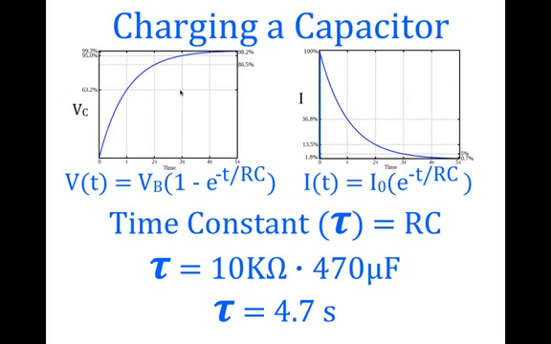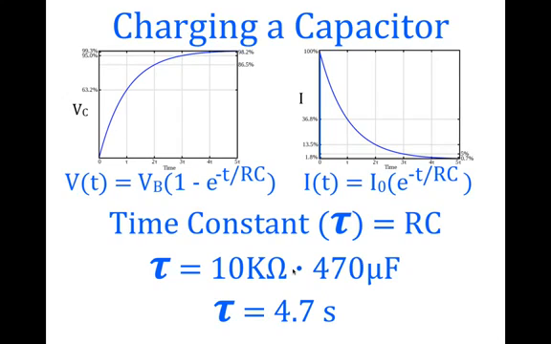Three time constants, I think that's 14.1 seconds, the capacitor will be 95% charged. After two time constants, 9.4 seconds, the current through the circuit will be 13.5% of the initial maximum. Now that's only for this pair of capacitor and resistor.